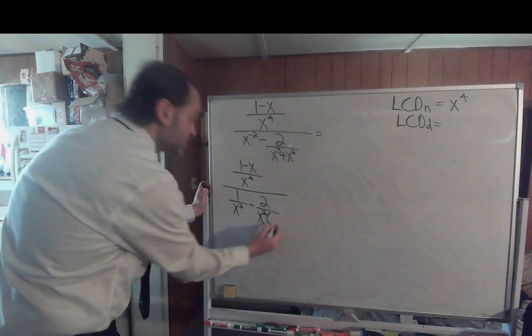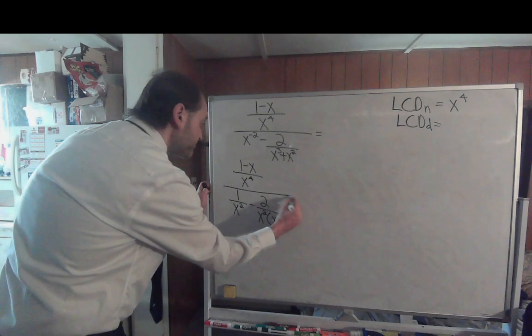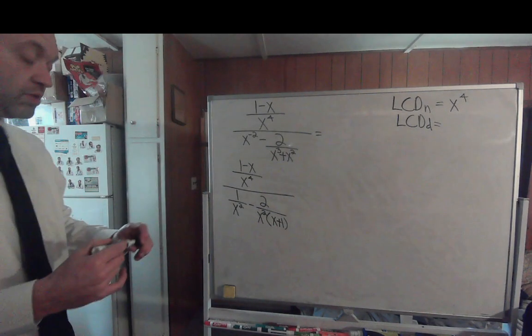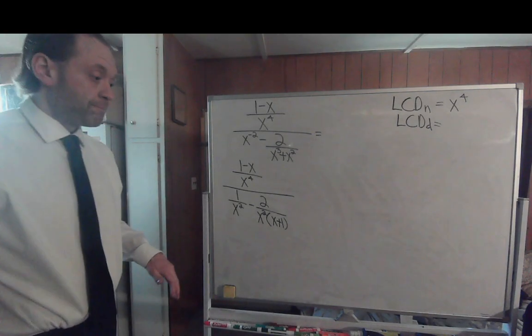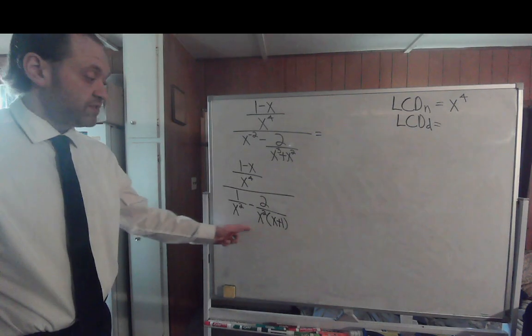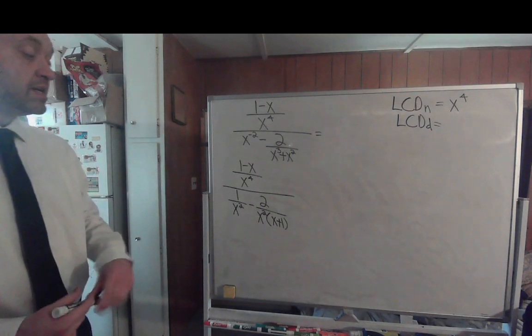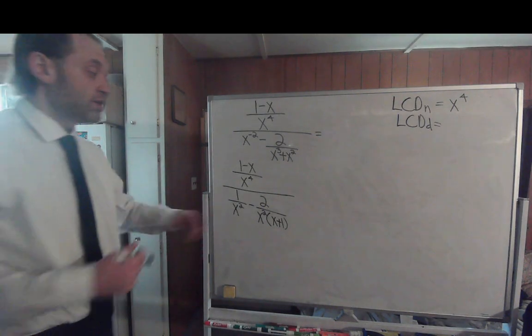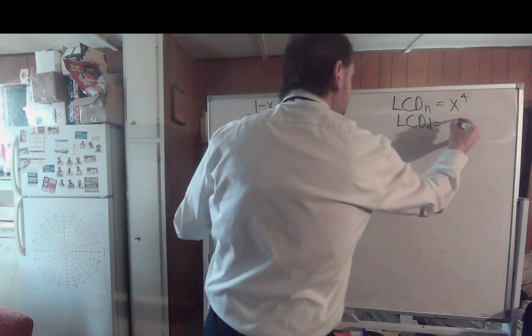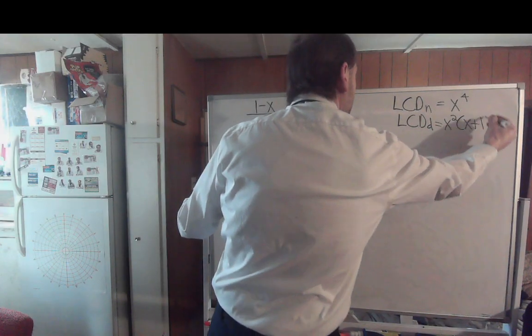That would turn into x squared times x plus 1. So notice in your denominator, in both denominators you have an x squared, but only one of them has also an x plus 1. So the least common denominator of your denominator would be x squared times x plus 1.